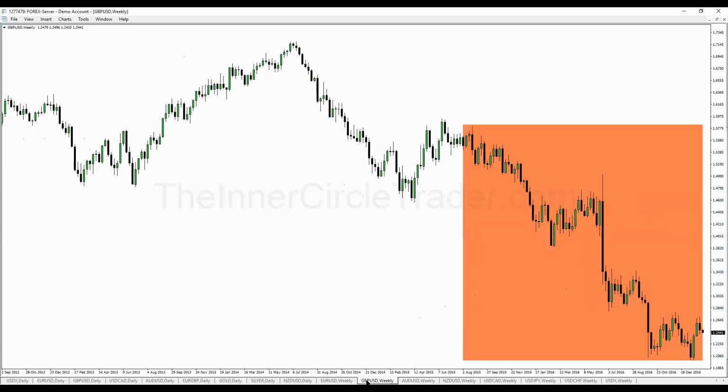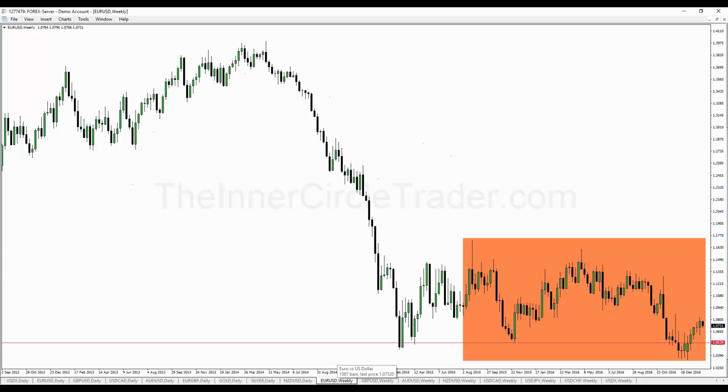If we have the pound dollar moving lower on weekly and it's having a profile that's not maintaining a range, it's in trending environment, while the euro dollar is in consolidation, it's going to have a direct impact on how the euro pound trades.